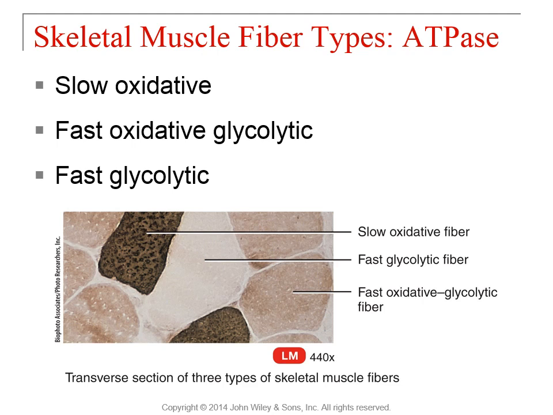Now we have one that's going to actually be in between these two types of the red and white muscle fibers. We have more descriptive terms for these though. We have what's called slow oxidative, which are going to be your red meat fibers. These are going to be your types of fibers that are, again, for endurance. You can have fast oxidative glycolytic. These are going to be your in-between muscles.